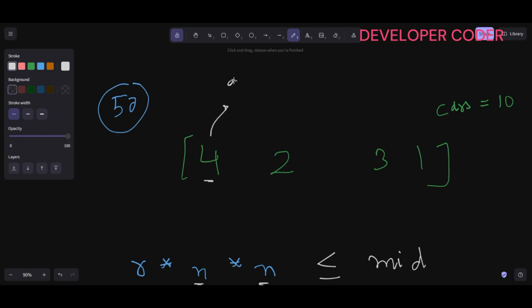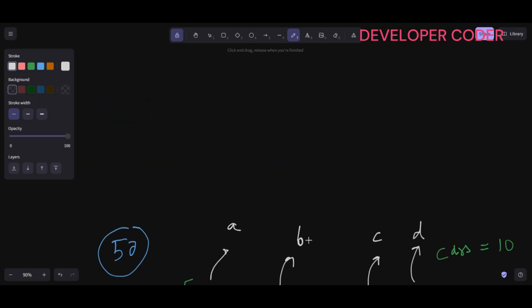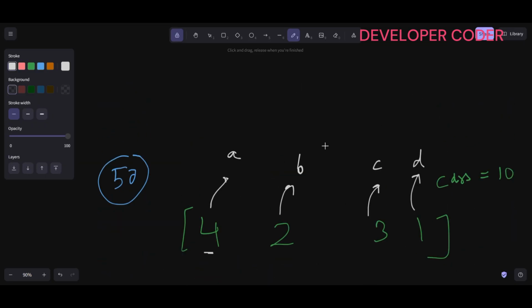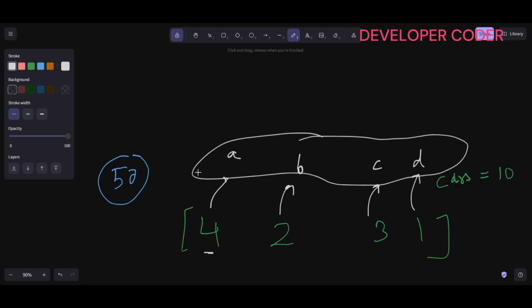Let's say a cars, and the number of cars that this person can fix in 50 minutes, let's say c cars, he fixed d cars in 50 minutes. After that I will check the summation of all this. He fixed a cars, b cars, c cars, d cars, so I will do the summation of all this.